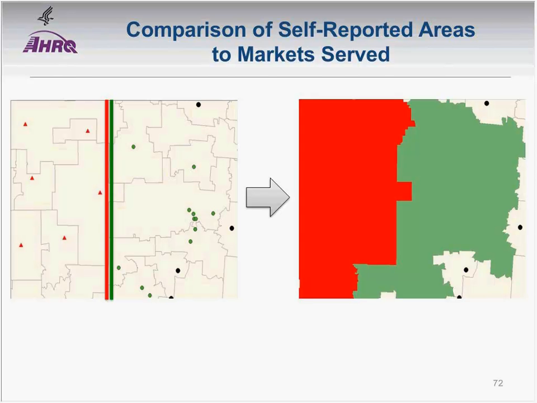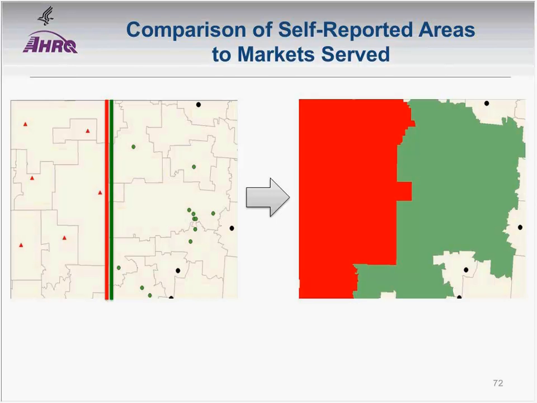To get from self-reported service area to actual service areas, I aggregated the hospital service areas, or HSAs, of each HIO member hospital. HSAs are from the Dartmouth Atlas, and they are the local markets for hospital services. They're the zip codes from which each hospital gets the majority of their patients, and they serve as a nice marker of a hospital's healthcare market, the market they operate in.